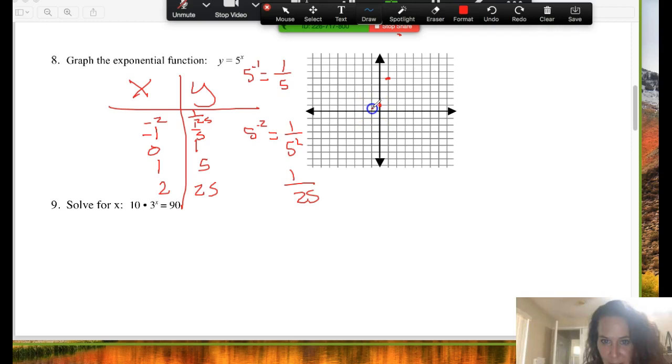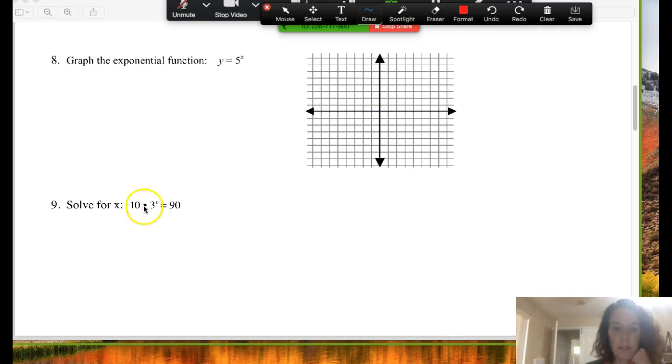It's not even halfway. Plug in negative 2, I go up 1/25. Negative 3 is going to be even smaller, so it's going to start to hug this line. It's not going to touch it, but it's going to hug it, and then it's going to go up really quickly like this. Okay, so that is what y equals 5 to the x should look like.